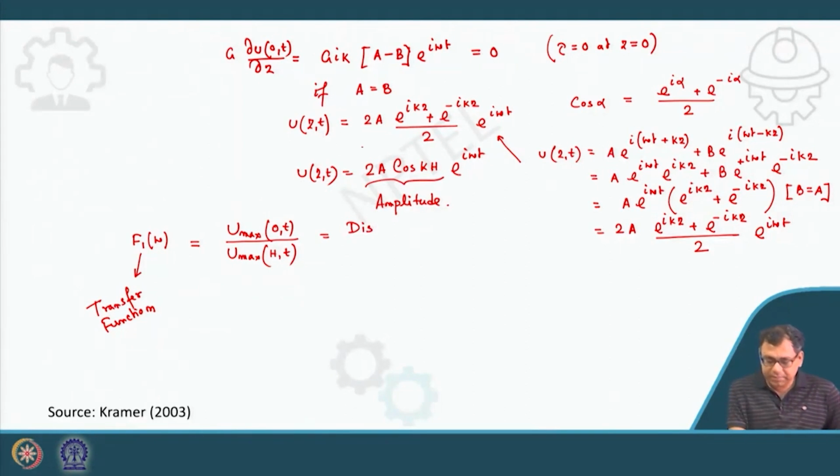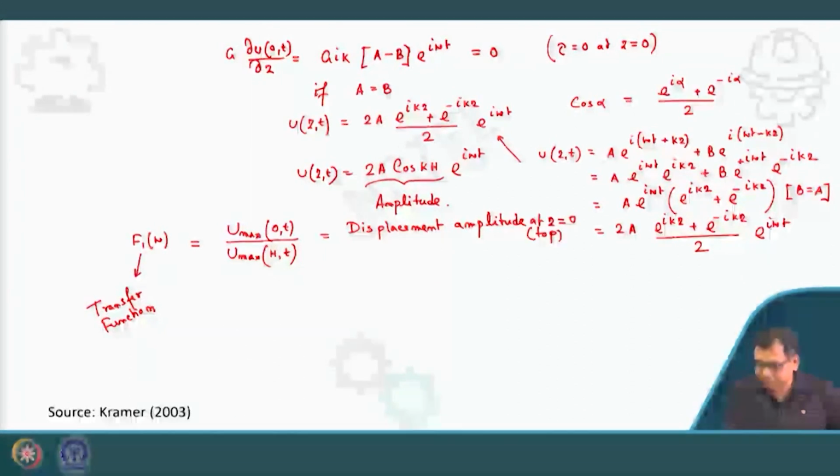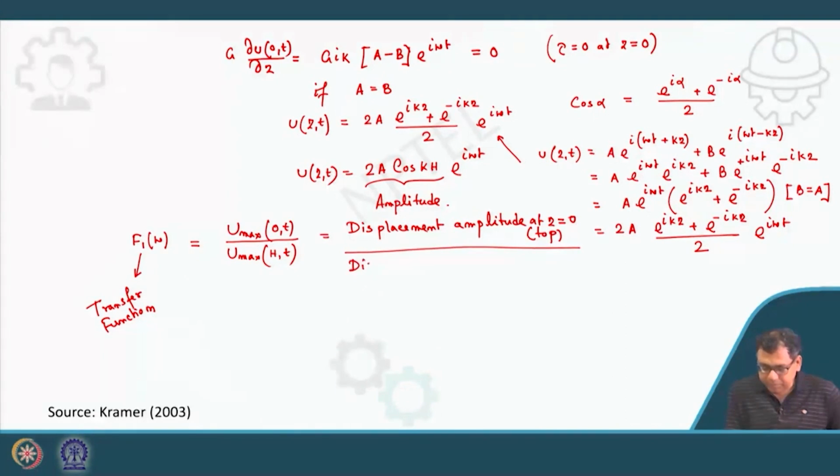Maximum will be when this is the maximum, so u max will be this displacement amplitude at z equal to 0, that means at the top, divided by displacement amplitude at z equal to h, that means at the bottom of the soil layer and top of the soil layer.